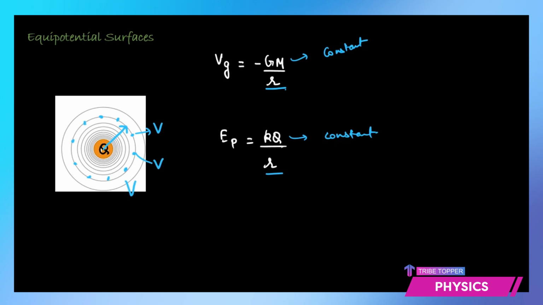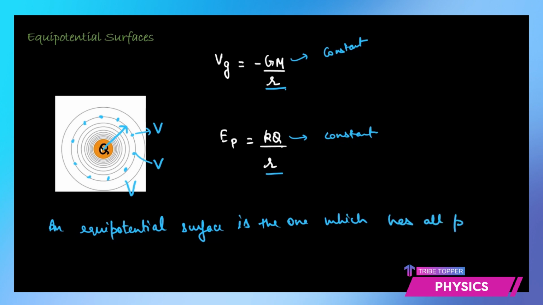So how would we define an equipotential surface? We would say an equipotential surface is the one which has all points on it that have the same potential.